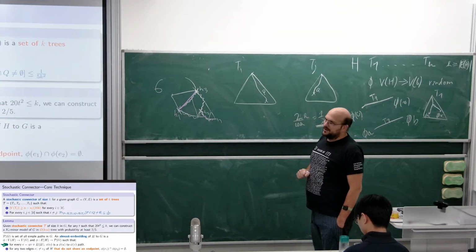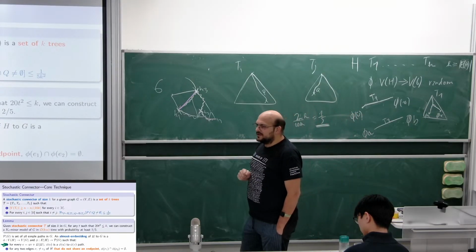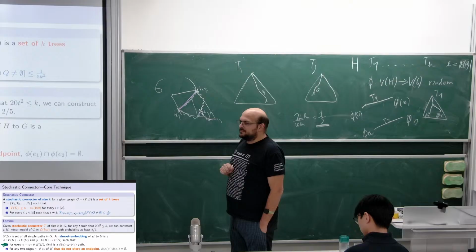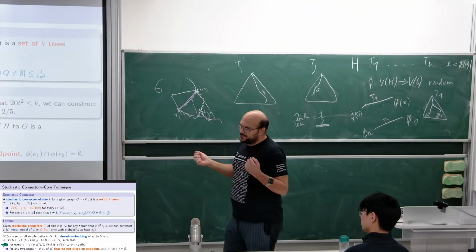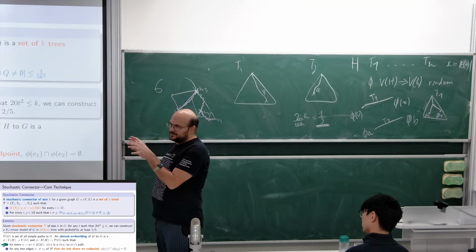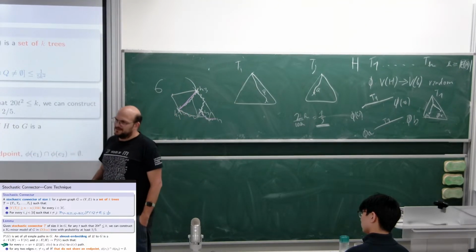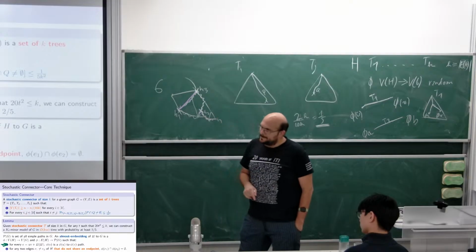Is there any chance that the two endpoints are in multiple trees? It's possible, yes. Most endpoints will be in most trees, but that's fine. I will use a different tree for different path construction. So you pick one tree from it.